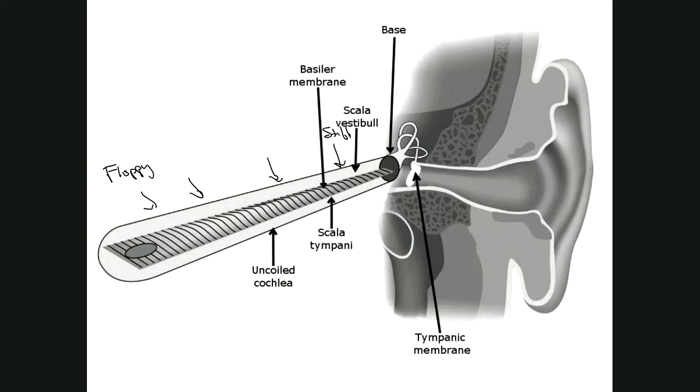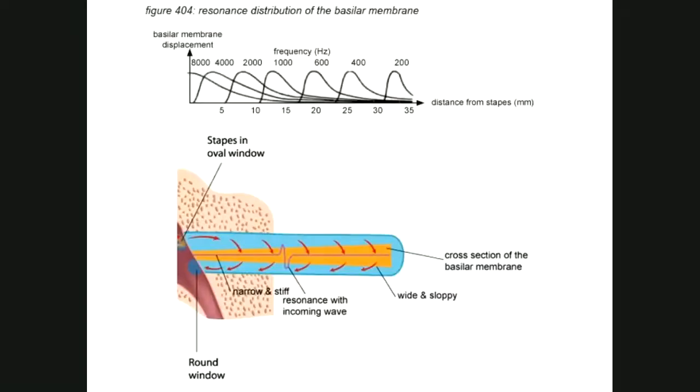So when the sound comes in here and vibrates, some portion of this membrane is going to match that vibration. And it's going to look like this. So look, here are these different waves, and some portion of this membrane is going to match these waves with how floppy it is.